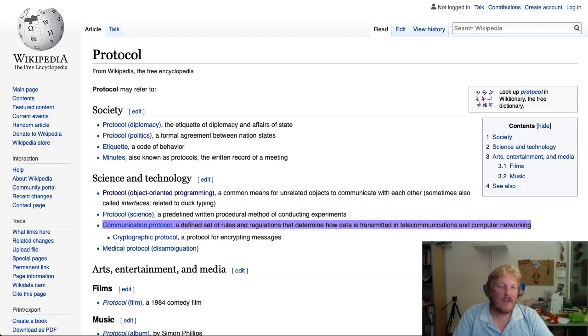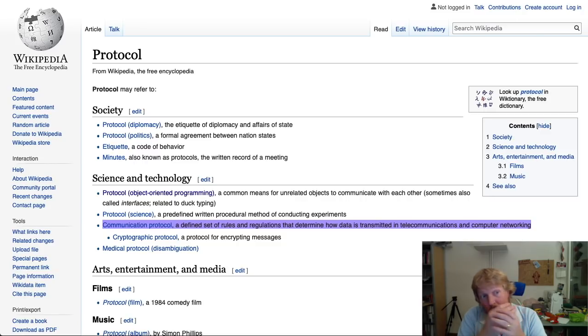I was talking in my last video about ILP, Intellectual Protocol, and I think I should give, for those who are not familiar with the term protocol, a bit more examples of what a protocol is.